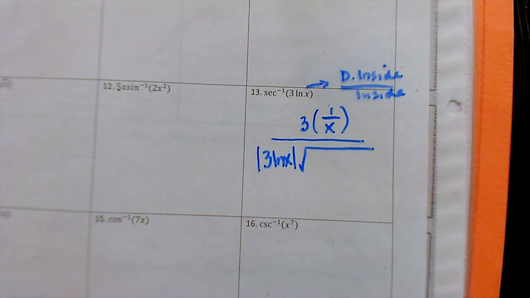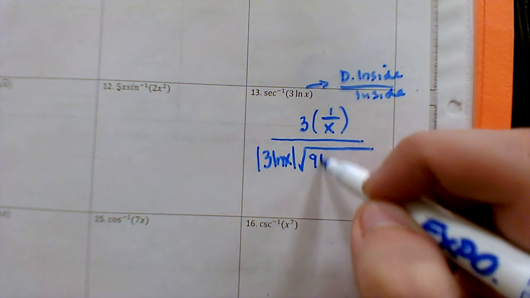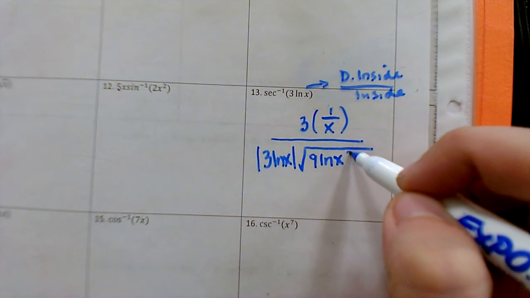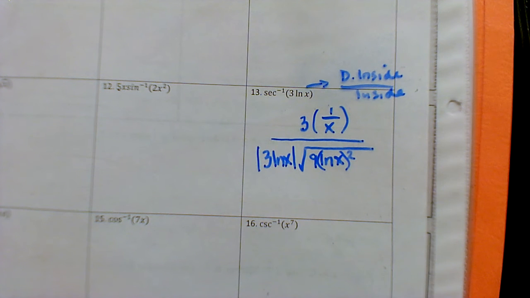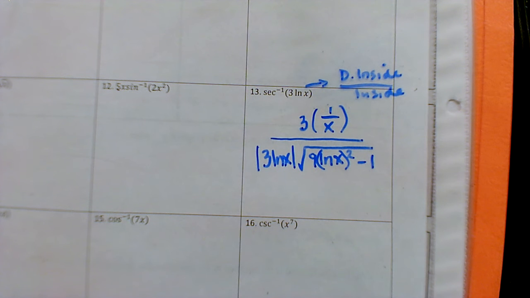So 3 natural log times another 3 natural log. You want to say that's 9 natural log of x squared. And then minus 1. Craziness.